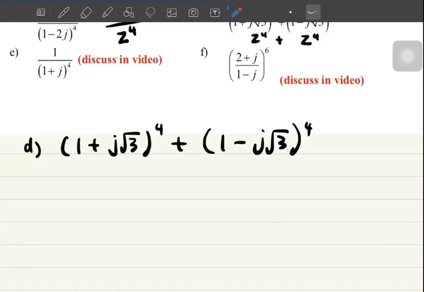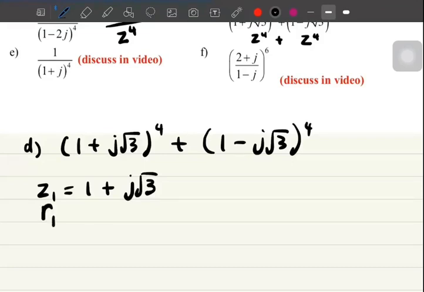Okay, so let's say saya buat Z1, namakan dia Z lah. Z1 ni sama dengan 1 tambah J root 3. So what is your R1 here? Tekan kalkulator cepat. Apa nilai R? R equals to 2. Kalau awak plot this complex numbers, dia berada dekat kuadran yang ke-1.